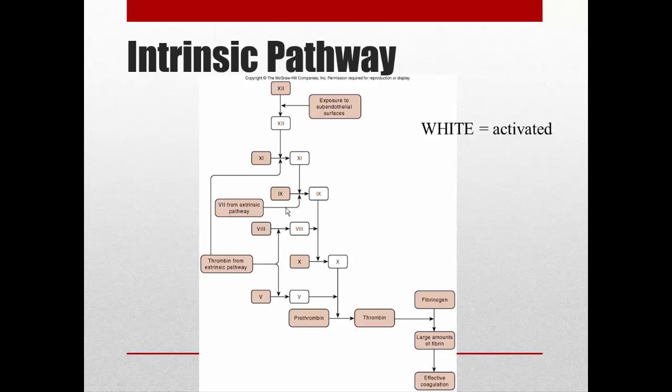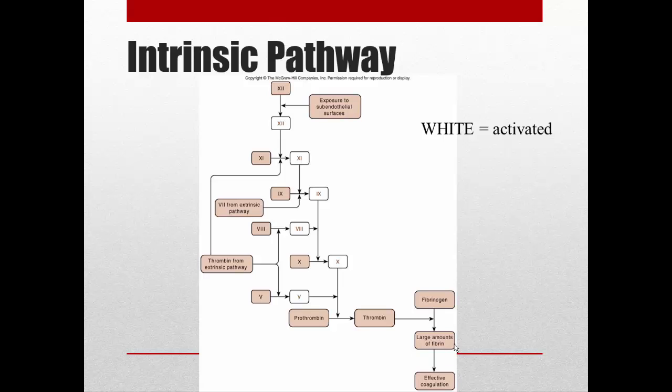I'm not having you detail specifically where in the pathway, just that they're involved. Now, once we get 10 activated, we're back to the common pathway. Prothrombin is converted to thrombin, thrombin converts fibrinogen into fibrin, but this time I'm going to get large amounts of fibrin.